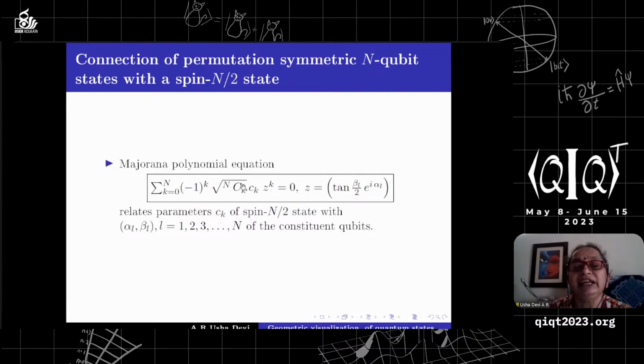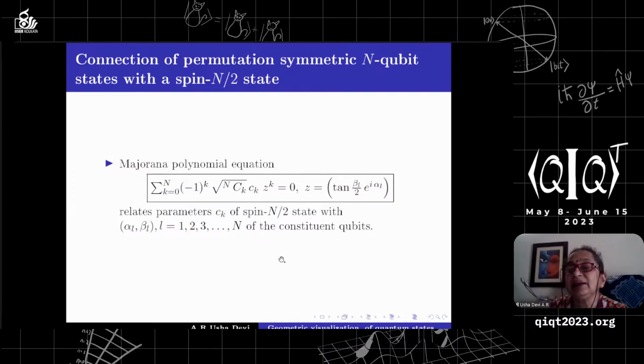What is known to me is Ck. What is to be determined is the polynomial variable z. From the polynomial equation, I have to find what z is. So this z gives me what beta and alpha of the qubits are. So given Ck, I can determine the orientation of the qubits.